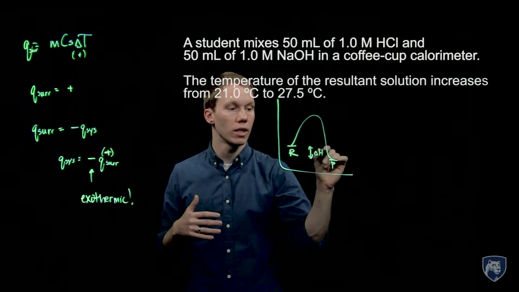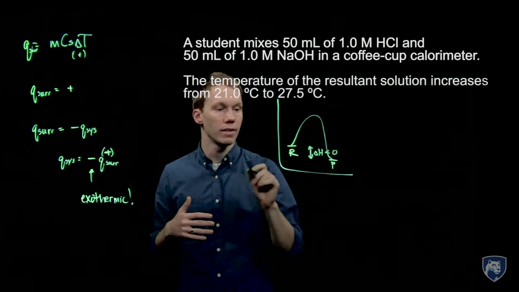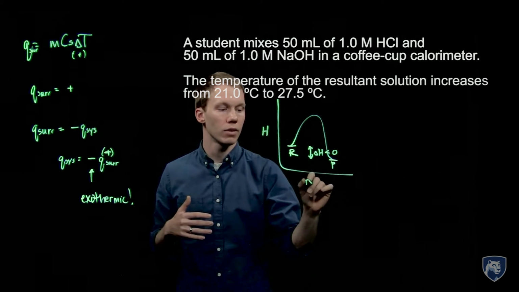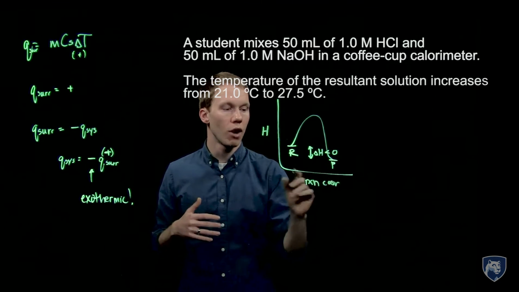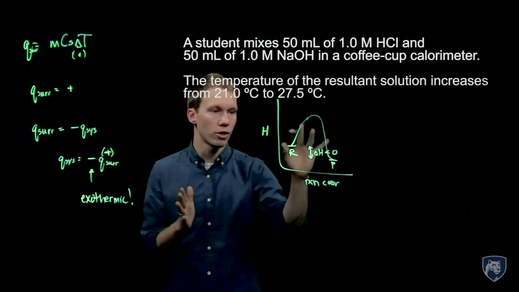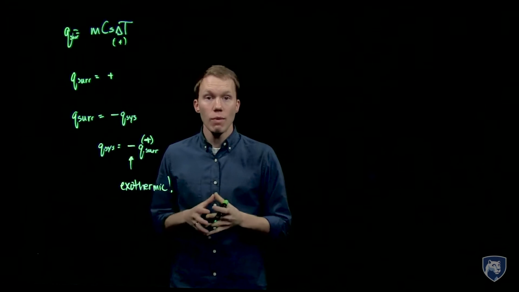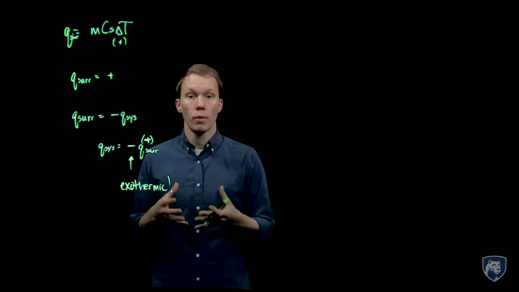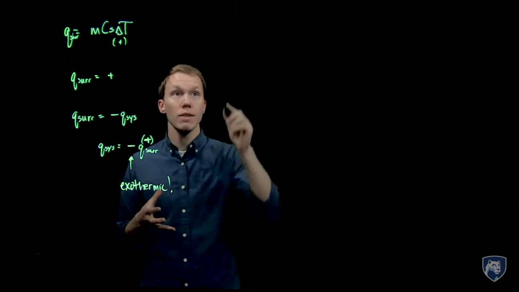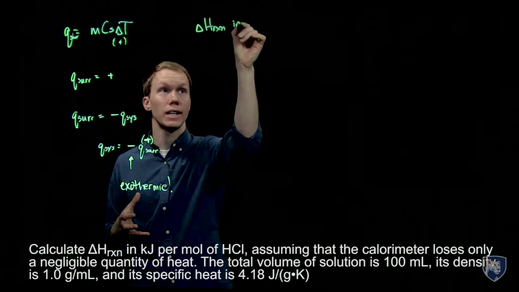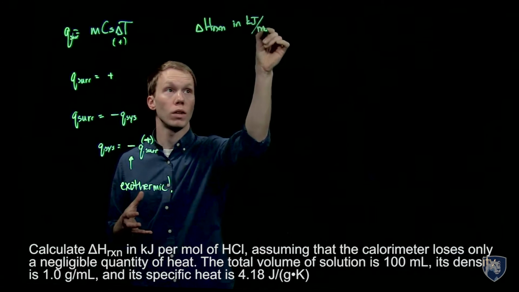So delta H here is going to be less than 0. And this is H on the y-axis, and this is the reaction coordinate, which is kind of arbitrary, just saying the reaction progress with respect to time there. Now, let's say we want to do more with this data that the student collected. Let's say we want to calculate delta H of the reaction in kilojoules per mole of HCl.